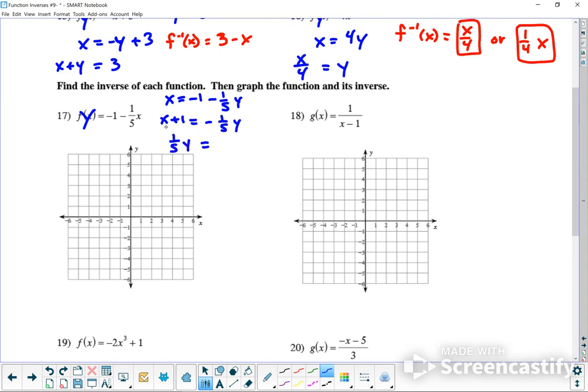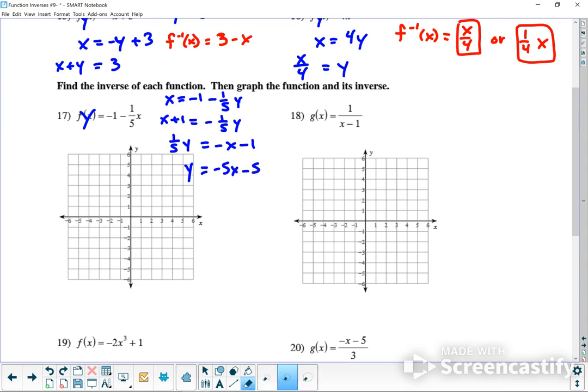And I'm going to move the x over, so it'll be negative x. And I'm going to move the 1 over, it'll be minus 1. And then I'm going to multiply both sides by 5, just to get rid of that 1/5. So multiply both sides by 5, which will get me, finally, y equals negative 5x minus 5.